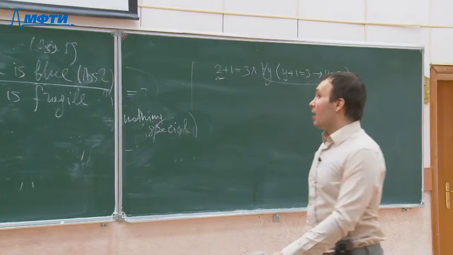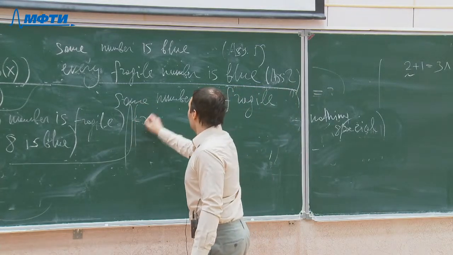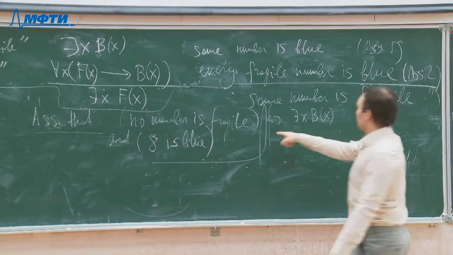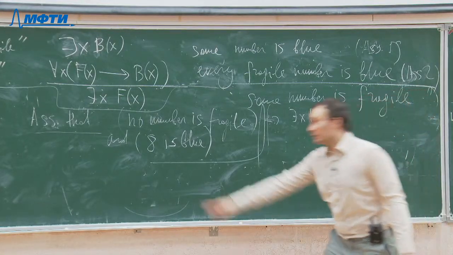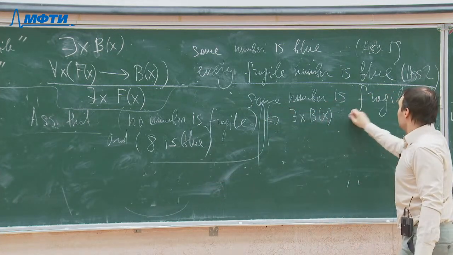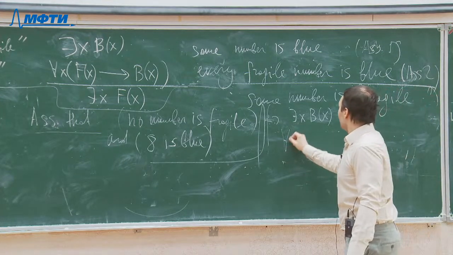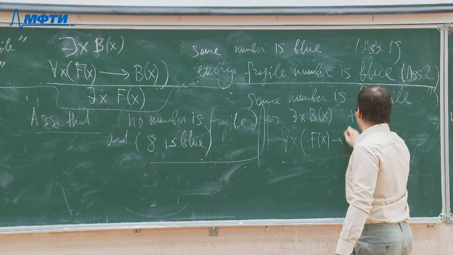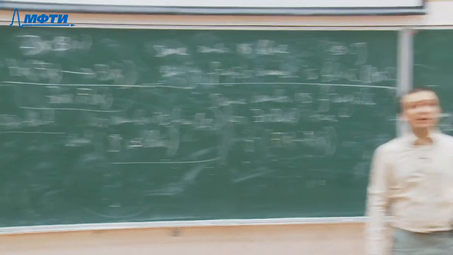Then, is there a number which is blue? It's 8. It is the case that every fragile number is blue. Why not?